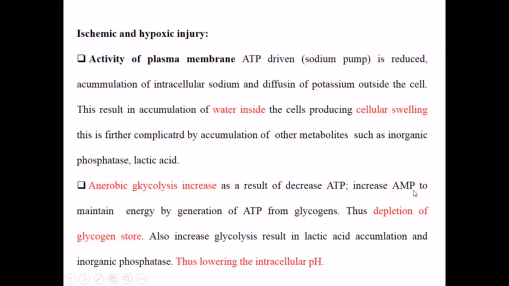This leads to an increase in AMP, adenosine monophosphate, instead of adenosine triphosphate, to maintain energy by making ATP from glycogen, and thus depletion of stored glycogen. So when we use glycogen for ATP, the glycogen will also be depleted. Also, increased glycolysis results in accumulation of lactic acid, and this leads to a decrease in pH.